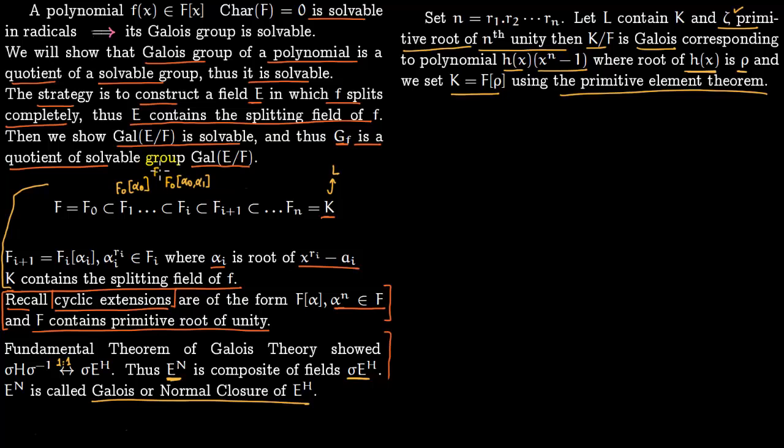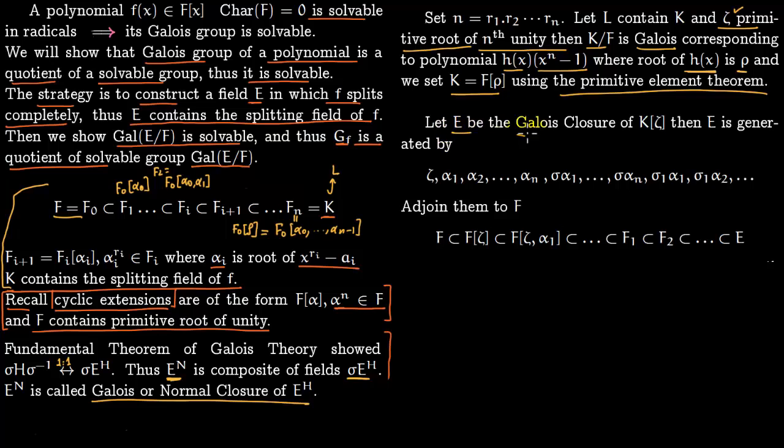So this is our F_2, and some power of alpha_1 lies in F_1, and your F_n obviously now is F_0(alpha_0, all the way to alpha_(n-1)), and you can see for alpha_(n-1), some power lies in F_(n-1). So basically this F_n is of this form, and by the primitive element theorem you can ignore all of them and just write one element. So F_0 with rho, F_0 is just F, so that's why we are writing F(rho) using the primitive element theorem.